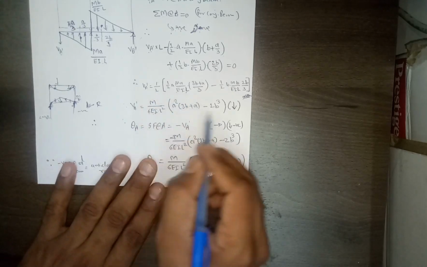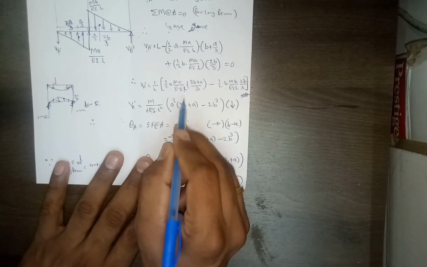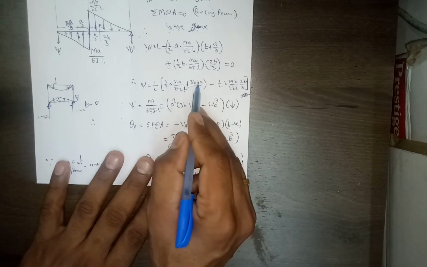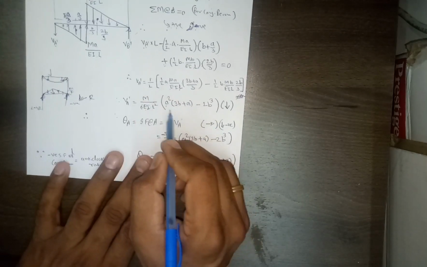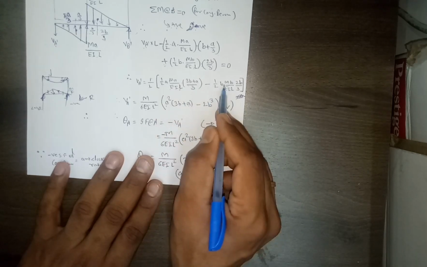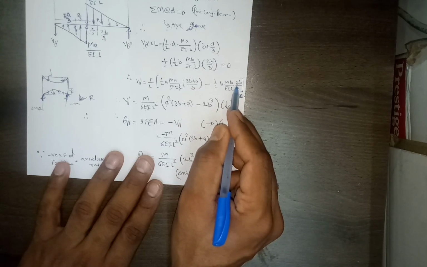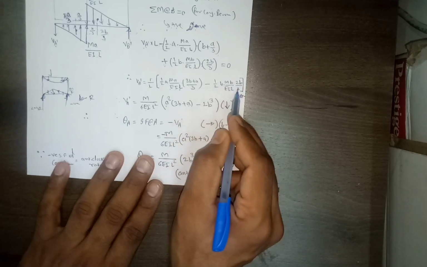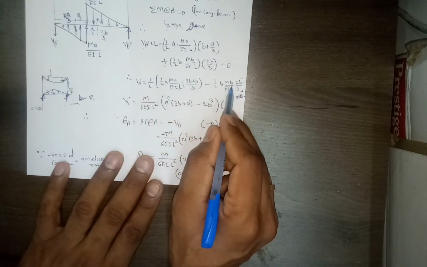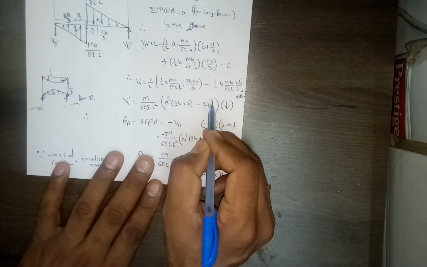Then the remaining terms inside the bracket will be A square, since this A and this 2A together become A square, then 3B plus A minus, now this B and this B become B square. Again this B is there, and this 2, we do not cancel because we want to make it 3 into 2, 6, so we have taken it outside. So 2B and this B, that's how it is 2B cube.